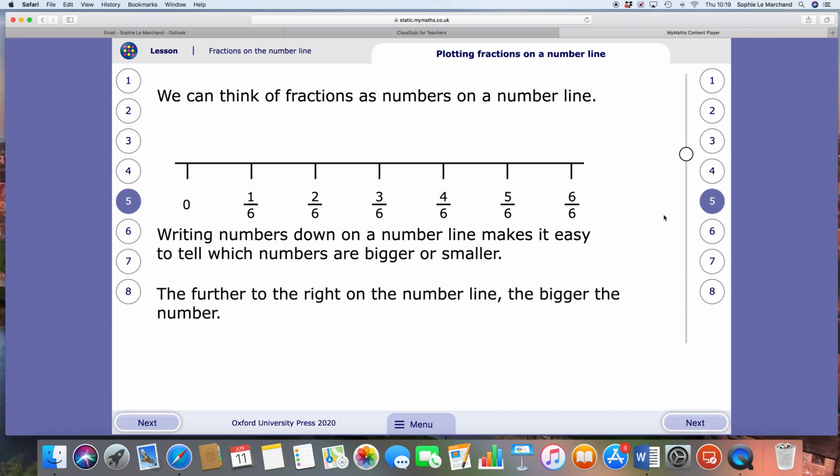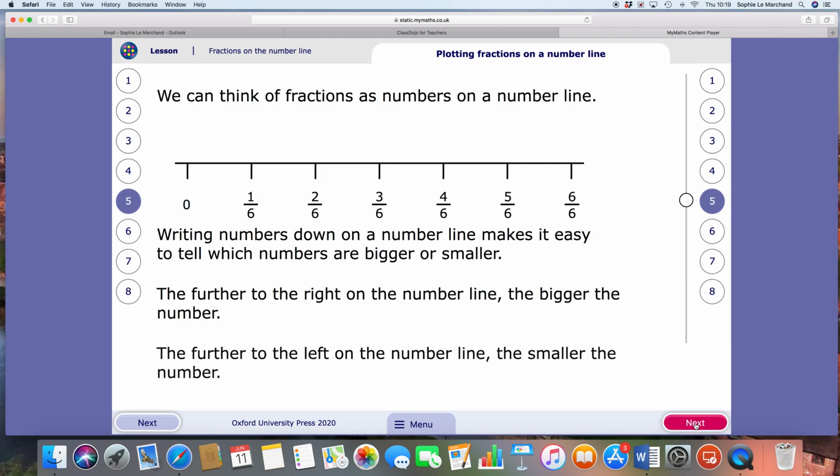The further to the right on the number line, the bigger the number. So this is the largest number on this number line because it's the furthest to the right. The further to the left on the number line, the smaller the number.